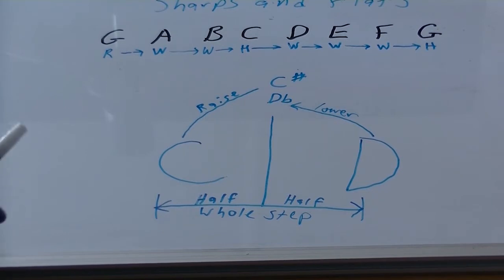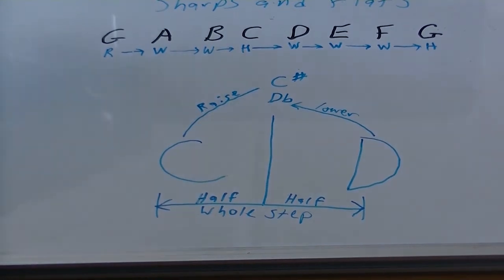Also, before I forget, I want to say this about major scales. Some major scales contain sharps. Some major scales contain flats. But we will not find sharps and flats together in the same major scale.